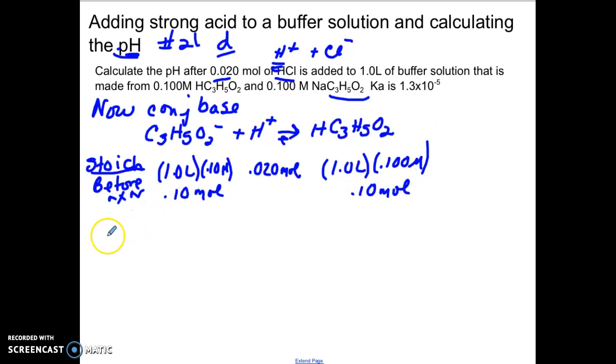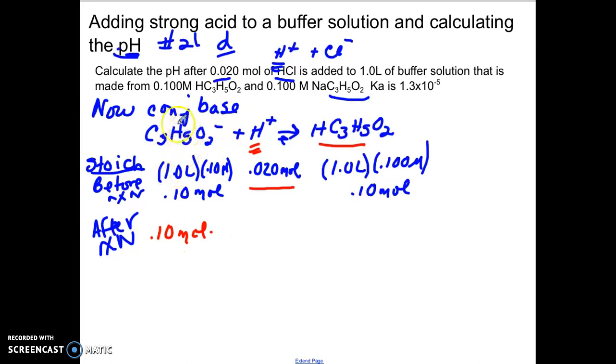Now what's going to happen after the reaction? Let me just change the color here a little bit. This is going to get used up. This 0.02 moles of the acid is going to get used up. And so that 0.10 moles is the original amount of the conjugate base, and that is going to react with this acid to produce more of this.